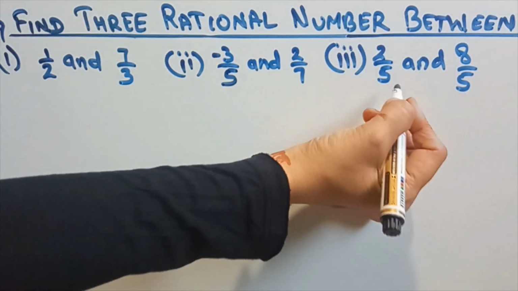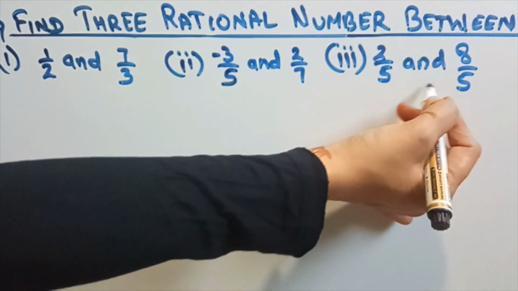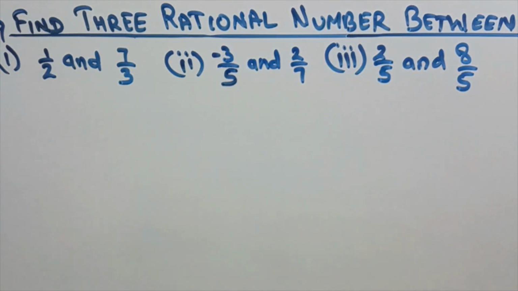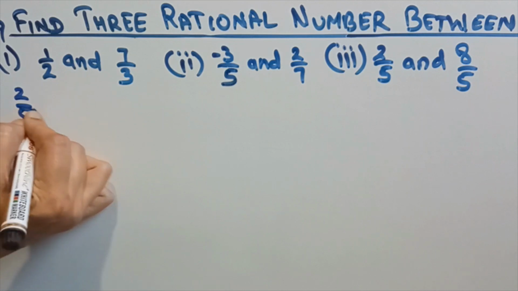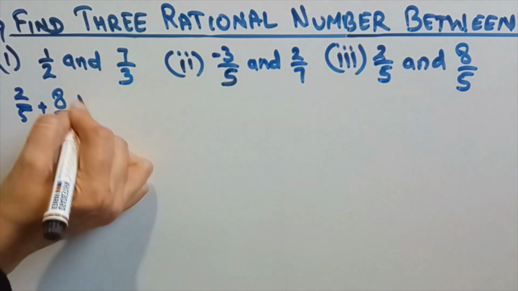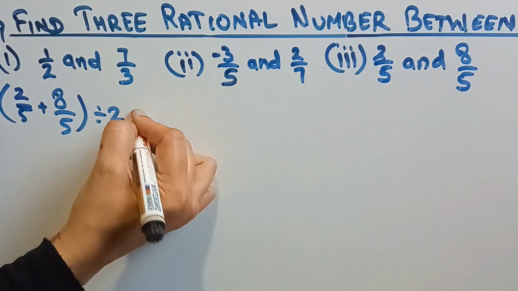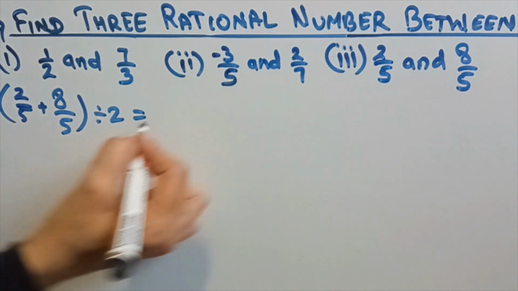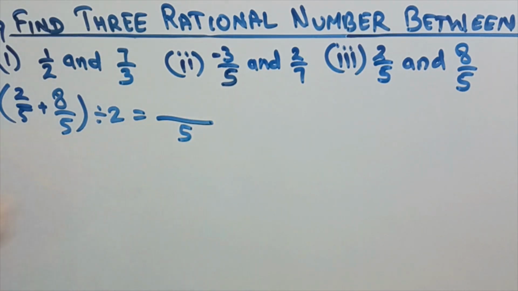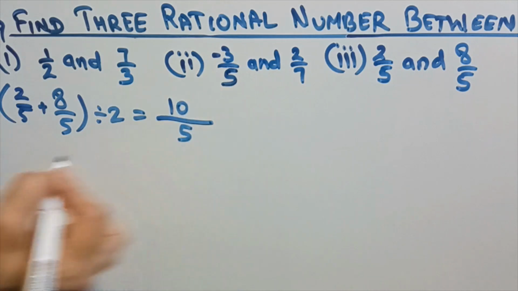Now we will find 3 rational numbers between these two, 2 by 5 and 8 by 5. 2 by 5 plus 8 by 5, this divided by 2 is equal to, see, the denominator is the same, so we will write 5 as it is. Now add the numerators. 8 plus 2 is 10.